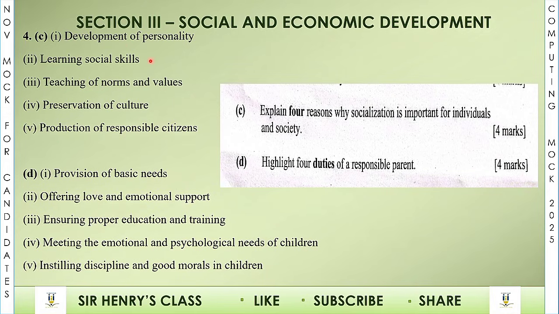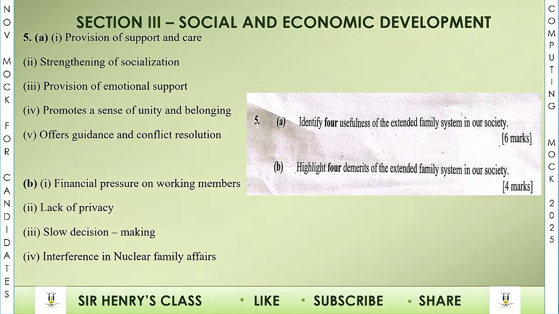So socialization helps in the development of your personality, learning of social skills, teaching of norms and values, preservation of culture, among others. 4D says highlight 4 duties of a responsible parent: provision of basic needs, offering love and emotional support, ensuring proper education and training, among others.